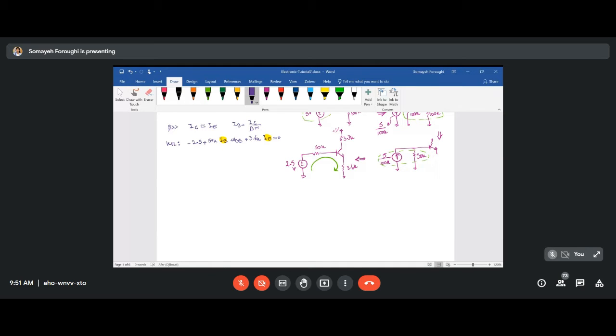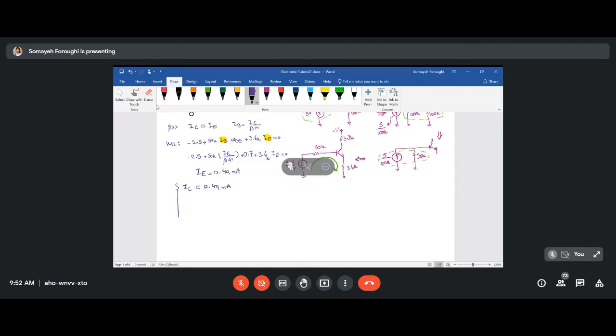If you just replace IB with the given equivalent on the top, you will have negative 2.5 plus 50K IE over that, plus 0.7, taking the base emitter as 0.7, plus 3.6K IE equals 0. So doing some rearrangements, finally you will find your IE like 0.44 milliampere. This is your IE, and simply, you can claim that your IC will also become 0.44 milliampere.